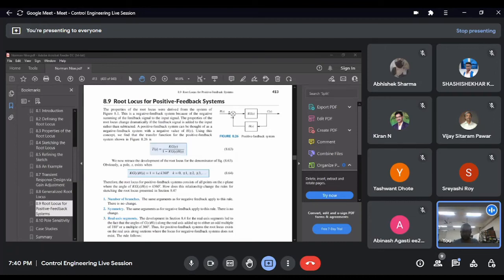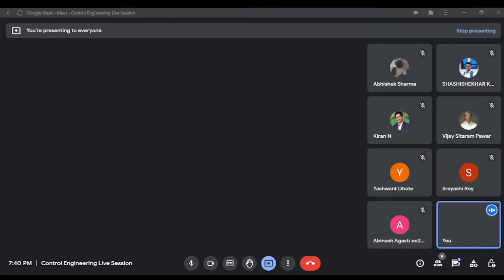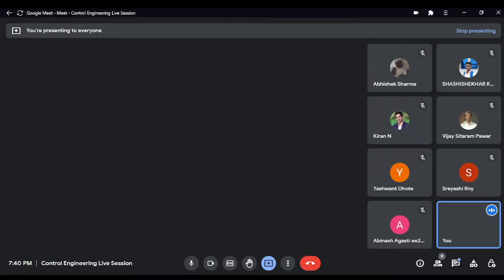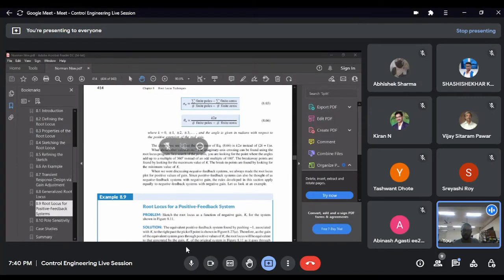For that reason, the behavior at infinity changes. If you go through that derivation, you see the angle of asymptotes becomes k 2 pi by number of finite poles minus number of finite zeros. Okay, is that clear?